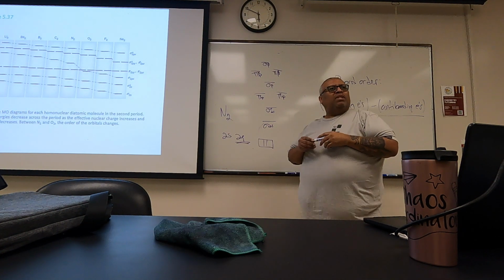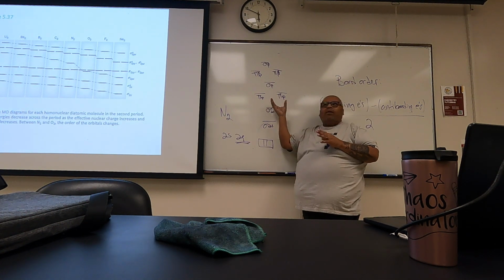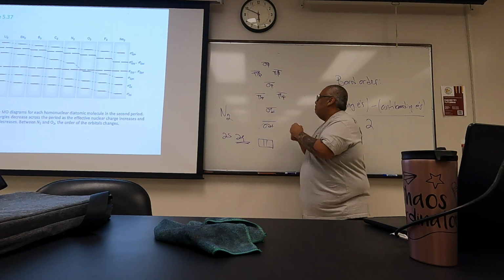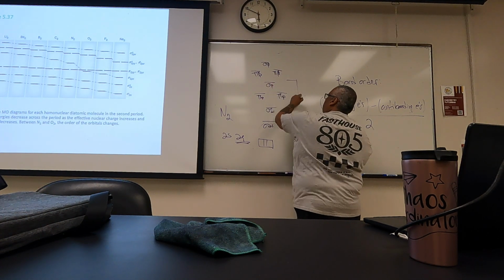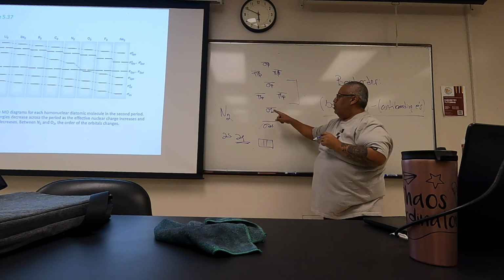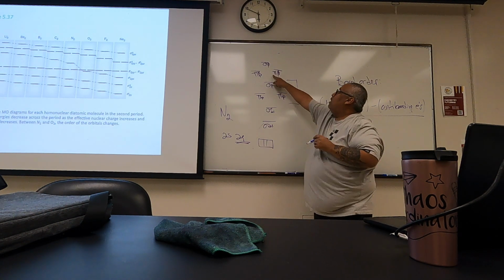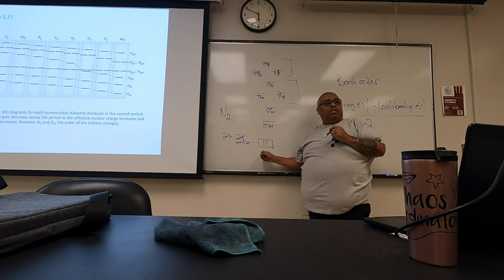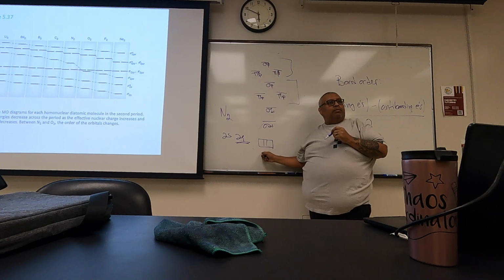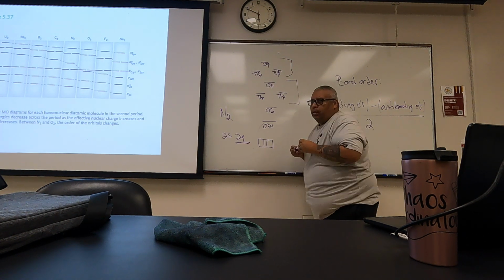Don't worry about px, pz, py, as long as you get that there are 2. This here represents the bonding p orbitals, and this represents the anti-bonding p orbitals. So you have bonding and anti-bonding p orbitals.